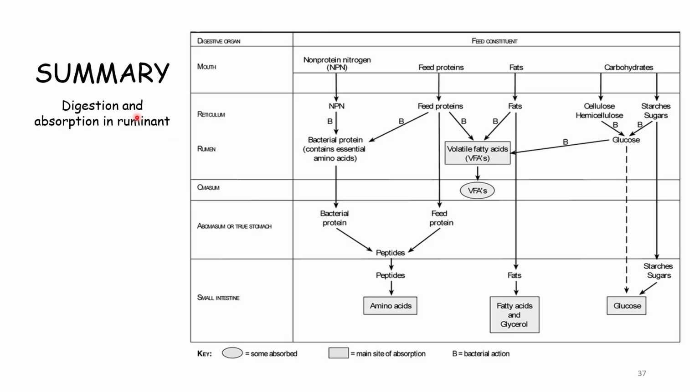So this is the summary: digestion and absorption in ruminants. This is the mouth. Inside the mouth, the animal takes in non-protein nitrogen, feed protein, fat, and carbohydrate. In the reticulum and rumen, non-protein nitrogen is broken down and absorbed by bacteria to form microbial protein.